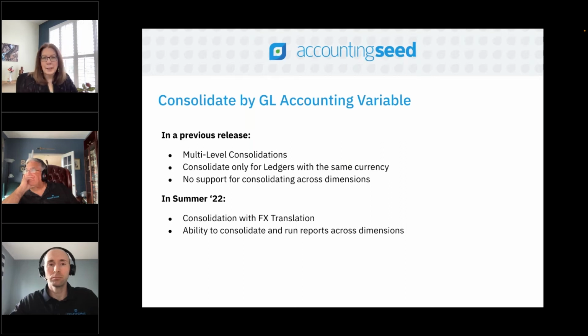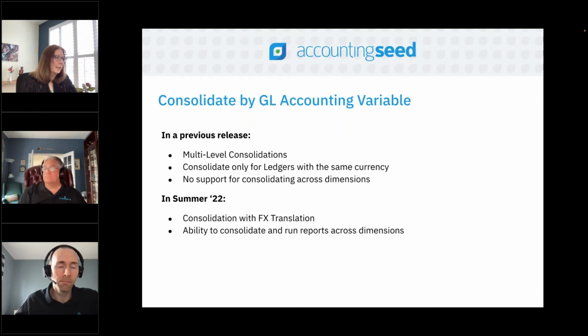You could only consolidate for the same currency, and we had no support for consolidating across dimensions. So in Summer 22, we're taking care of that. You now can bring in ledgers of different currencies. We'll do the foreign currency translation. And now you will have the ability to view the consolidated results across dimensions.